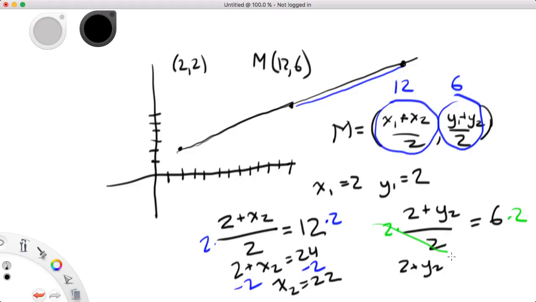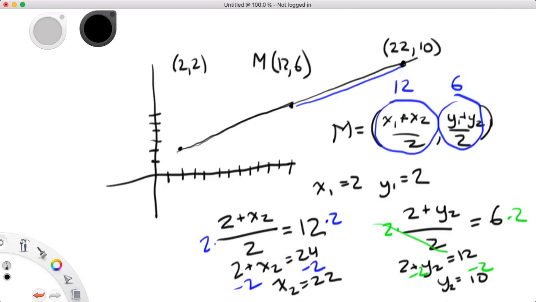And we know that one of our endpoints is 2, comma 2, so our x1 is equal to 2, and our y1 is equal to 2, and our midpoint is 12, comma 6. So this expression right here is going to be equal to 12, and this expression right here is going to be equal to 6, right?